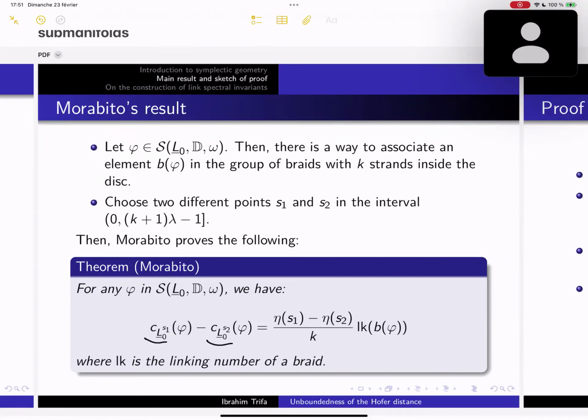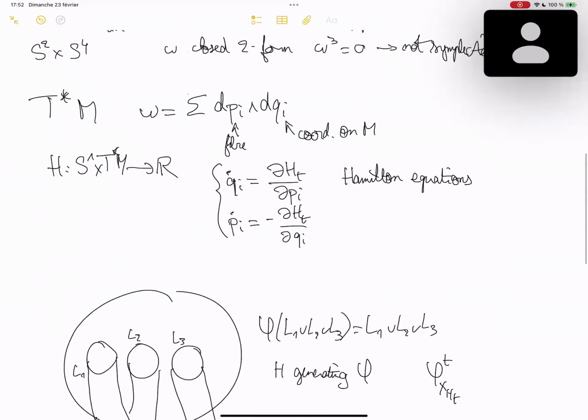So Morabito showed that if you take phi in the stabilizer, then the difference of those invariants with two different parameters is given by the difference of eta S1 and eta S2 over k times the linking number of the braid type of phi. Maybe I should remind you what the linking number of a braid is.